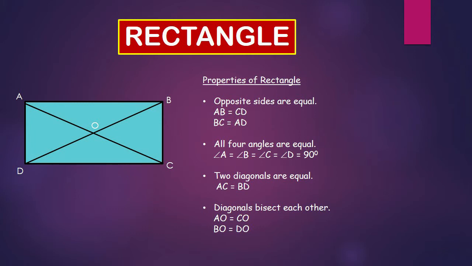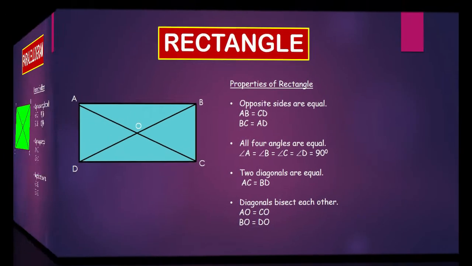So here angle A is equal to angle B, equal to angle C, equal to angle D, and each angle measures 90 degrees. Two diagonals of rectangle are equal. In this rectangle, AC is equal to BD. Diagonals bisect each other. Here AC and BD bisect each other at O. This means AO is equal to CO, BO is equal to DO.